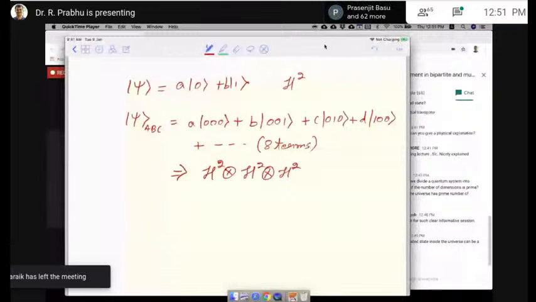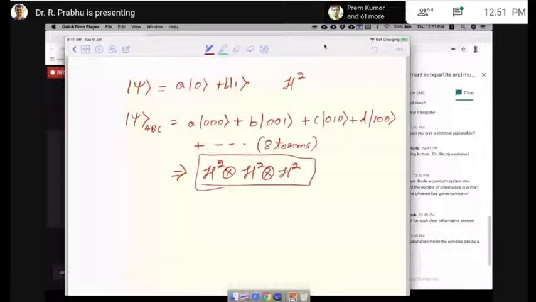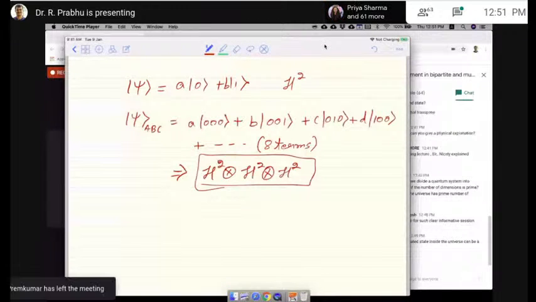This means that my space is giving me an 8-dimensional superposition of the states. Is that clear? Yes, sir.